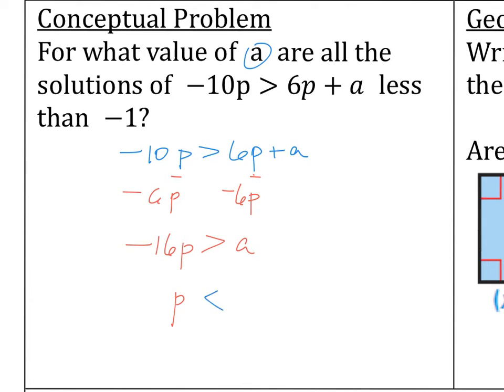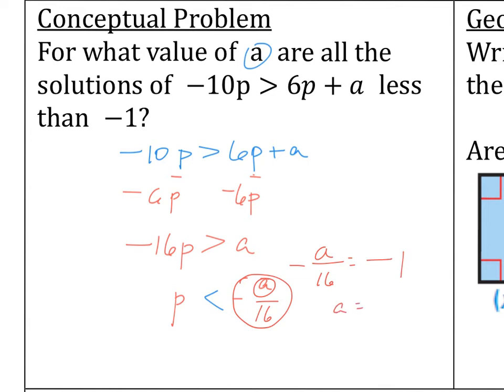So that would give me p less than negative A over 16. So now I need to think about what A value could I get so that this side of the inequality will be negative 1.